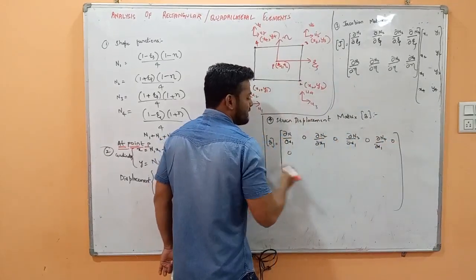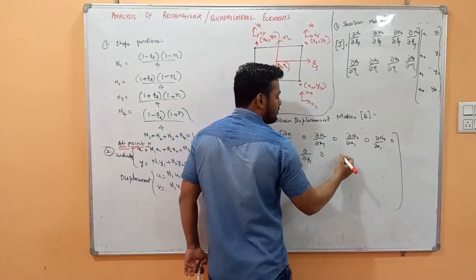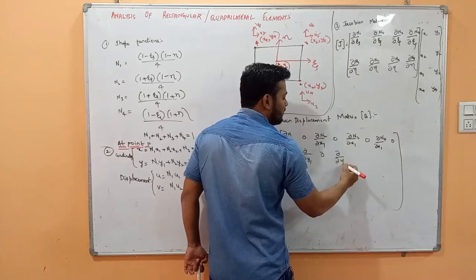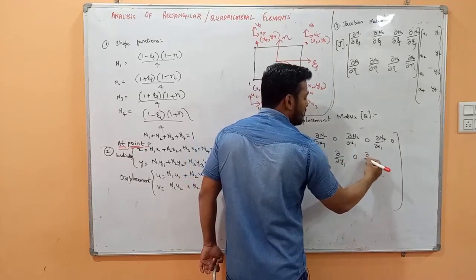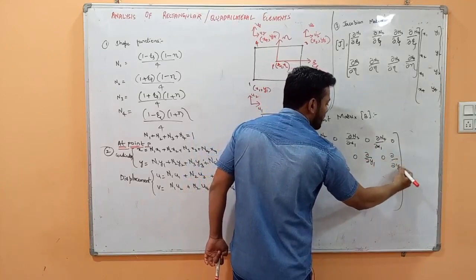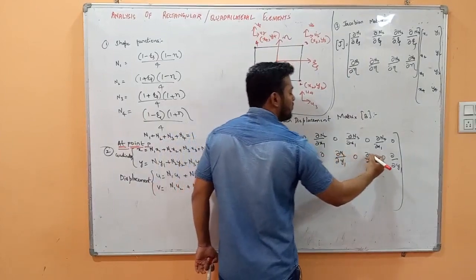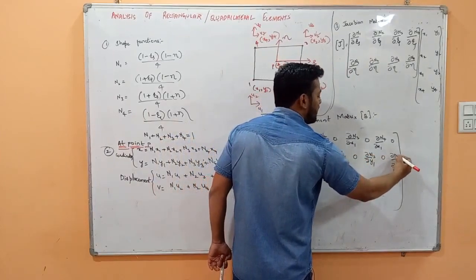In the second row you have 0, ∂/∂y1, 0, ∂/∂y1, 0, ∂/∂y1, 0, ∂/∂y1. Again you have to write down N1, N2, N3, N4.